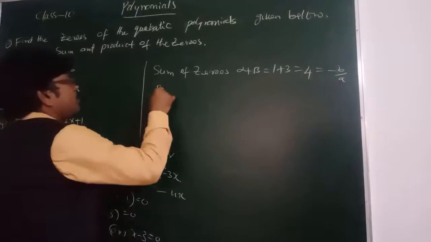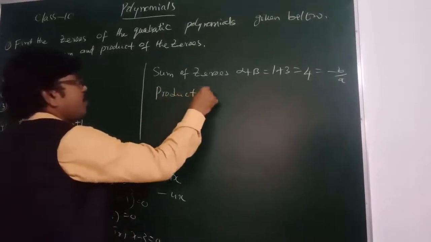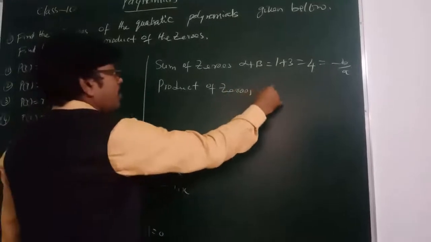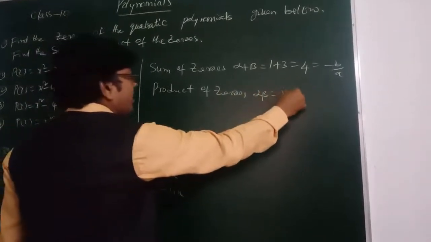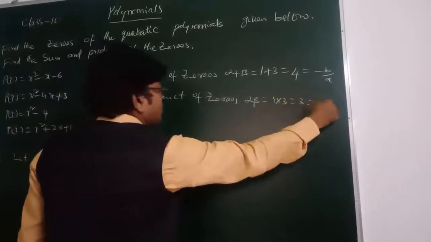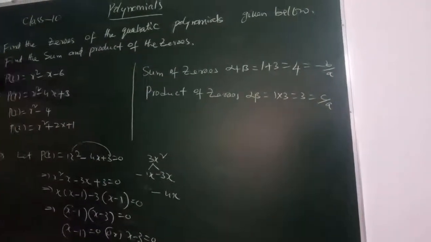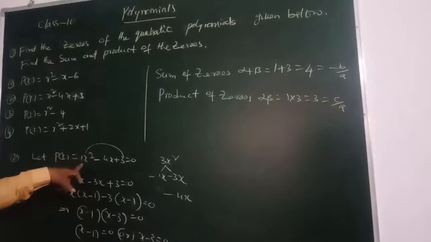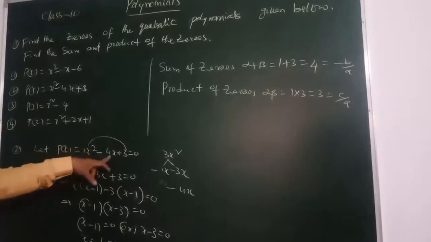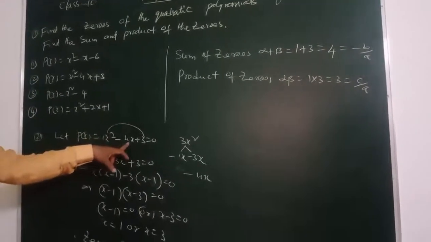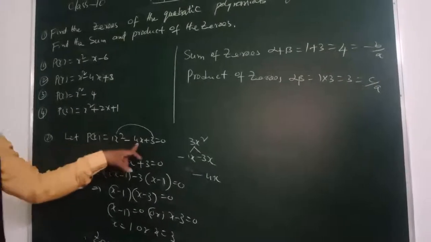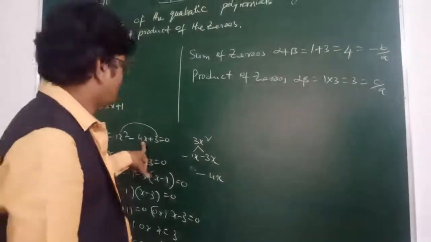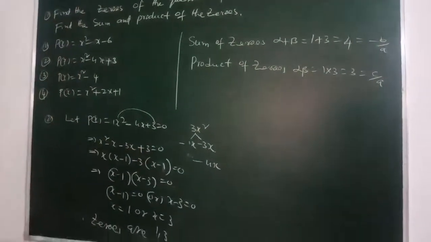Product of zeros alpha beta is 1 into 3, 3. This equals c by a. Of course, if you want to check, constant by a is 3 by 1, 3, and minus b by a is minus minus 4 by 1, 4. Okay, so copy down.